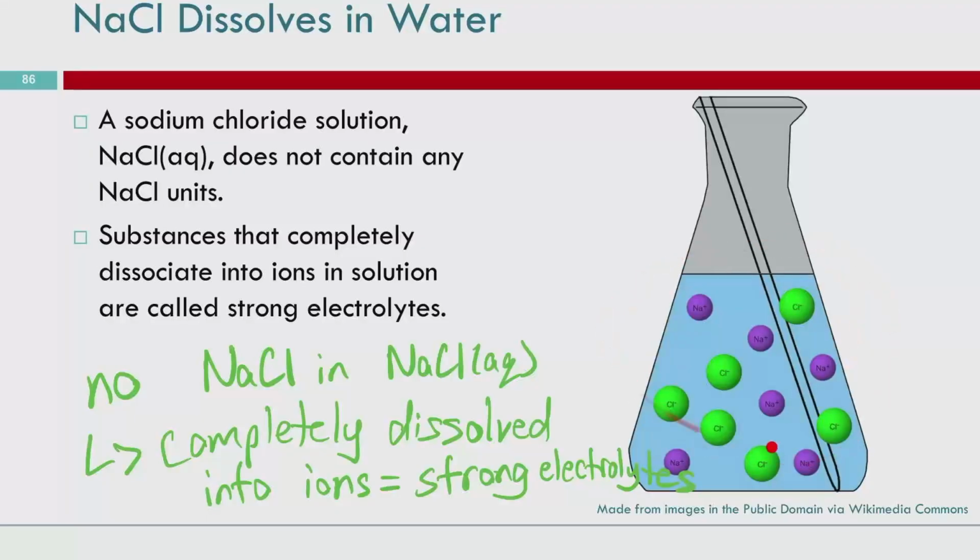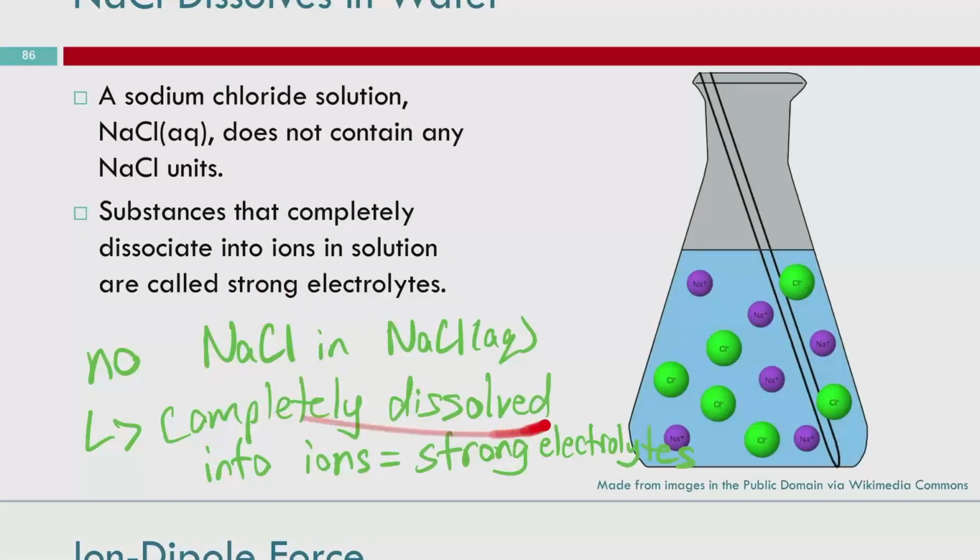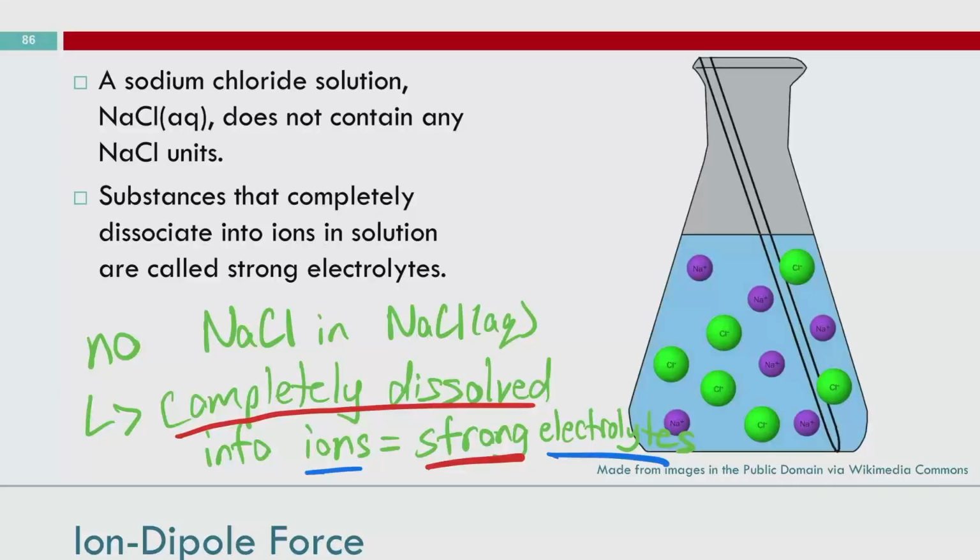The electrolytes are essentially salts that our body needs to continue functioning, which you probably have learned about if you've taken some biology. Because the sodium chloride completely dissolves into ions, the completely dissolved part means that it's strong. Completely dissolves means strong, and because it dissolves into ions, that's what makes it a strong electrolyte. So the ions part is referring to the electrolytes.